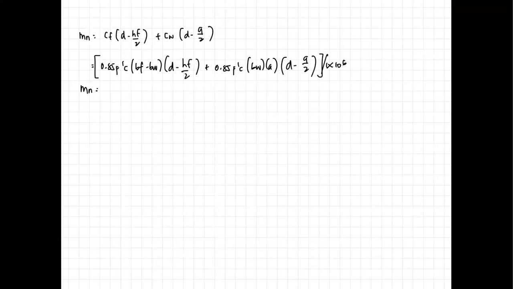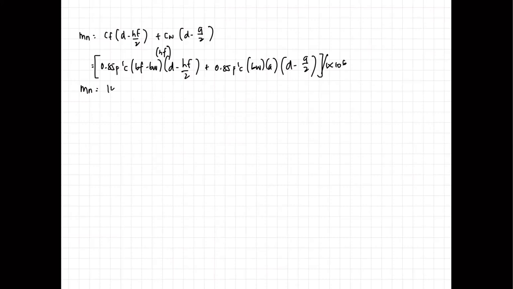So yung ating value, wait lang, let me check. 1,350, 375. May kulang dito, no? Yung height ng flange. Height ng flange. Okay? Height ng flange is 75. Okay?